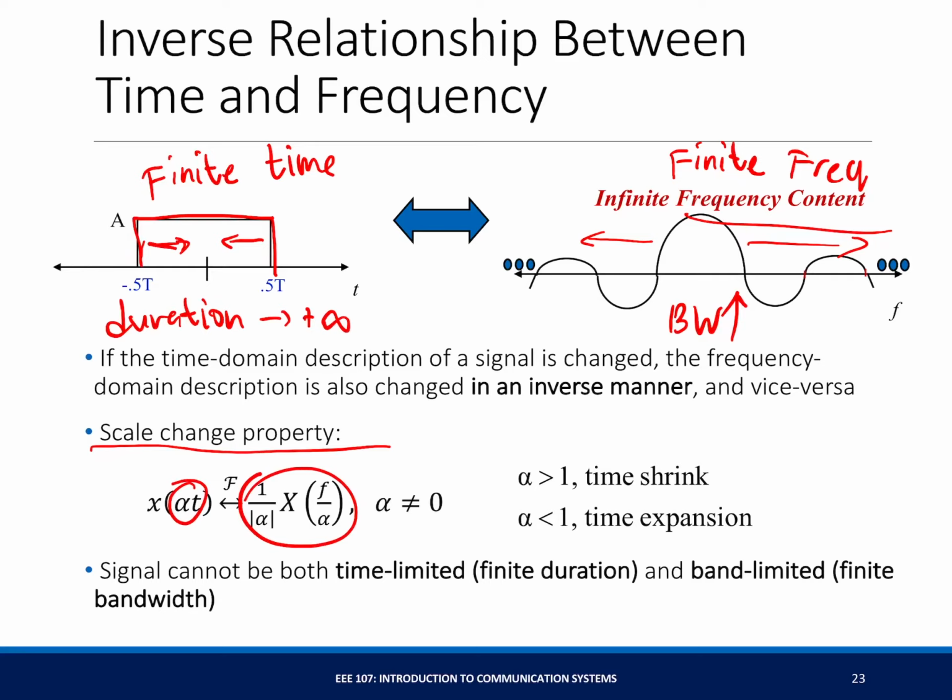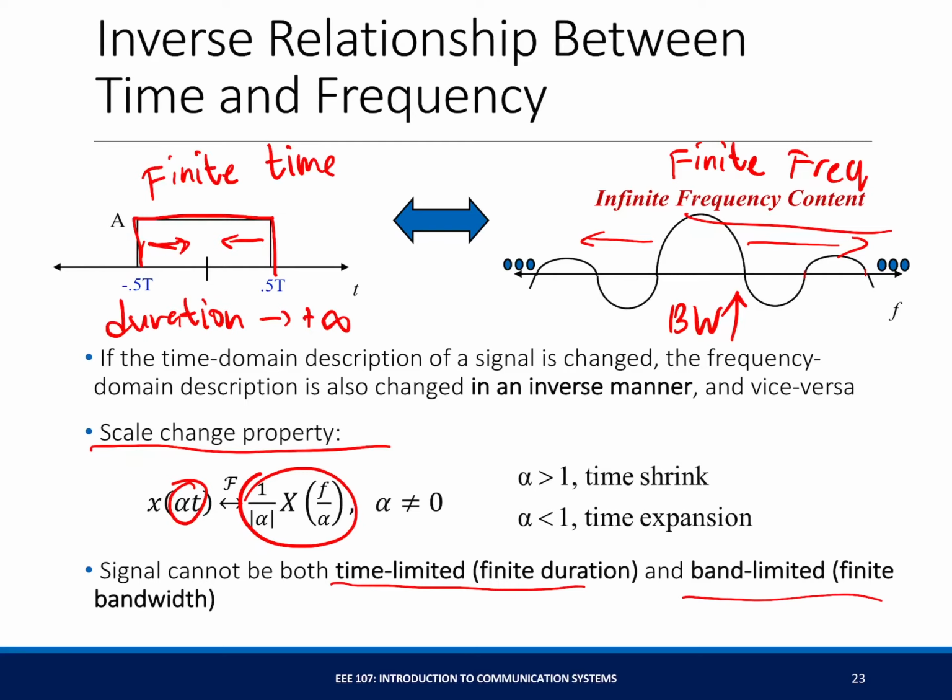And this is called the scale change property of the Fourier transform. If you scale in time, let's say you decrease the pulse width, then the bandwidth increases. Okay? And this creates the property of all signals that it cannot be both time limited and band limited at the same time. So if you have a pulse of finite duration, the bandwidth it occupies is actually infinite.